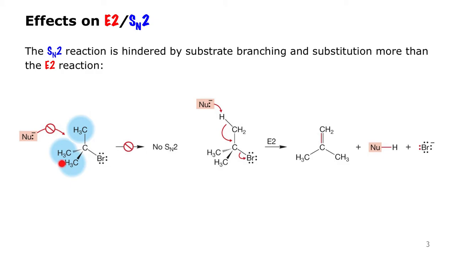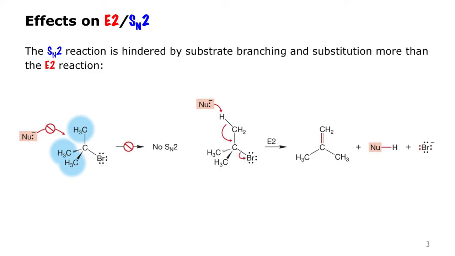There's too much steric hindrance for the nucleophile to access the sigma star orbital of the carbon-bromine bond, and substitution doesn't occur. The E2 mechanism, however, doesn't suffer from the same steric constraints.